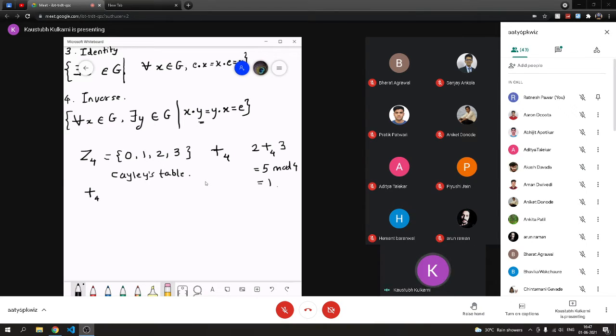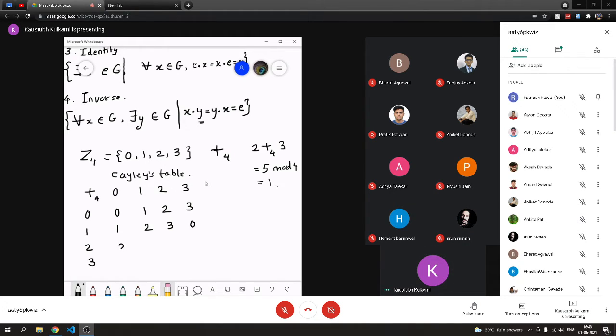We build this table, and we'll find out the result first, because we have to check the closure. We'll see what result is obtained when every element is operated with every other element. In case of 0, it is directly 0, 1, 2, 3. In case of 1, it is 1, 2, 1 plus 2 is 3, and 1 plus 3 is 4, but 4 mod 4 is 0.